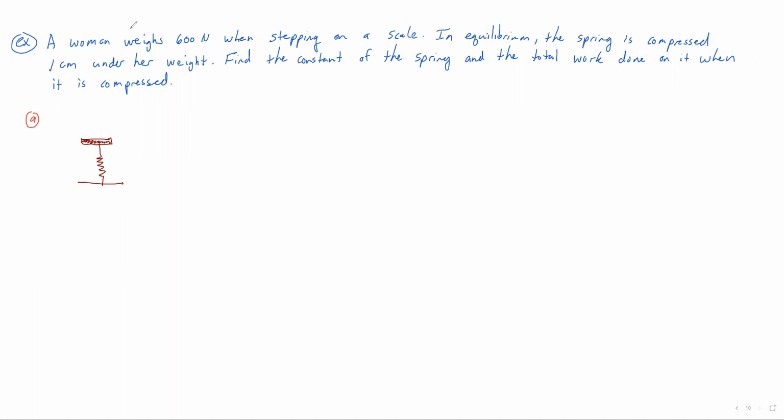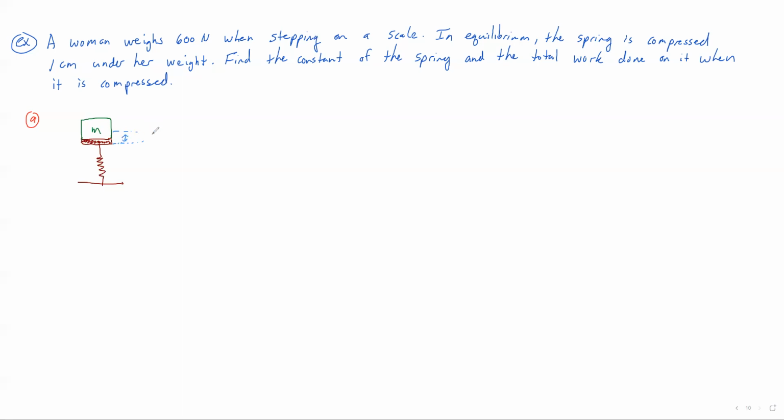So now this will have a mass on it. Okay. Now, without the mass, the spring would be up here, right? So the spring has been compressed a little bit because of the mass.